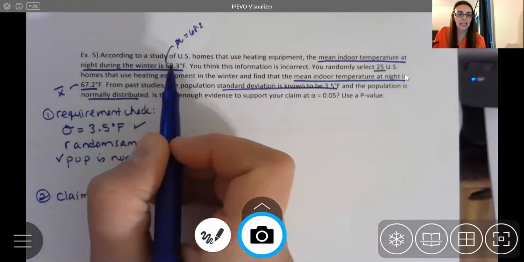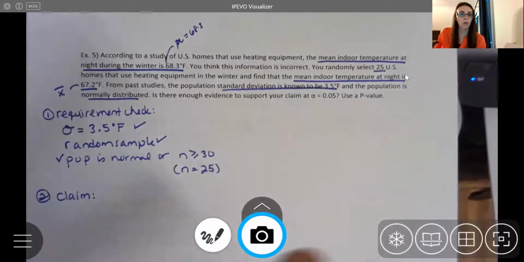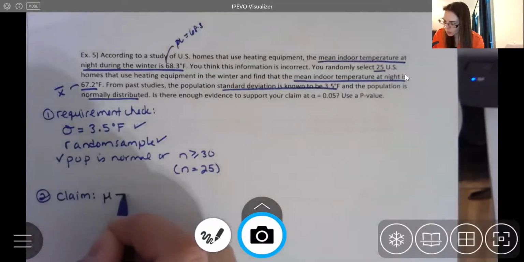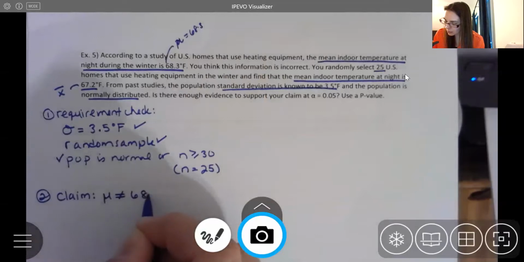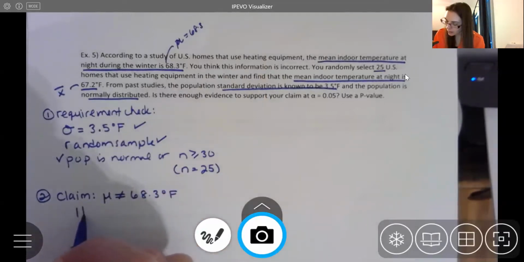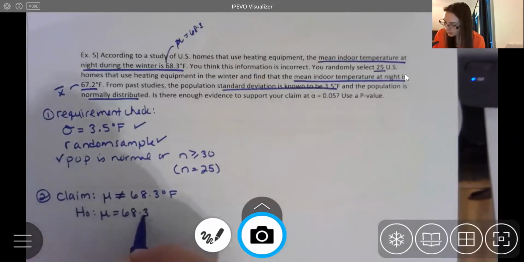According to this other study, they're saying that it is 68.3. So we're saying that this is not true. It is not 68.3 degrees Fahrenheit. So our null here is that it is 68.3, and our alternative is that it is not 68.3.